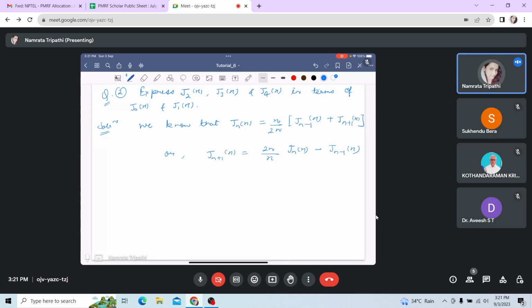This is the recurrence relation we will use in this question to find Z2 in terms of Z0, Z1, and also for Z3 and Z4.